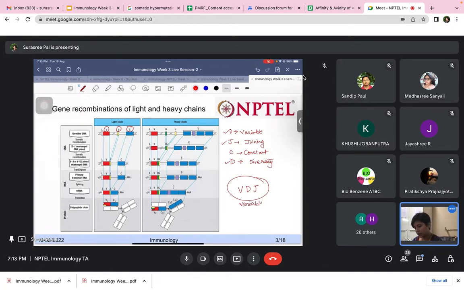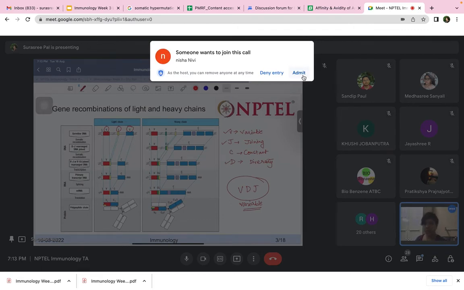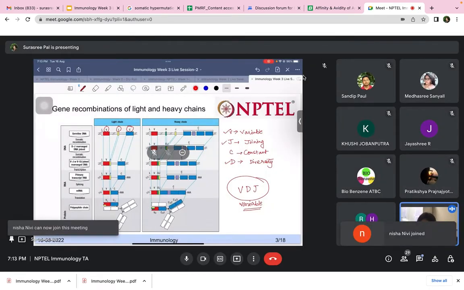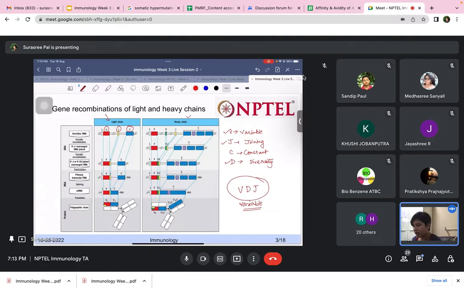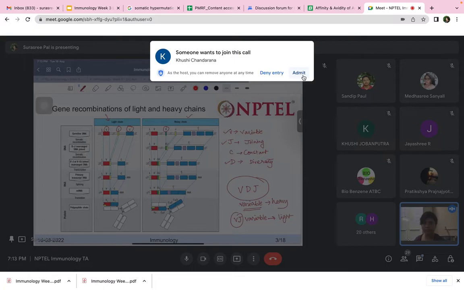Now interestingly, there is no D segment in the light chain, whereas in the heavy chain there is a D segment, right? So the variable region of the heavy chain is encoded by the VDJ region, whereas the VJ segments encode the variable region of the light chain of the antibody, right?